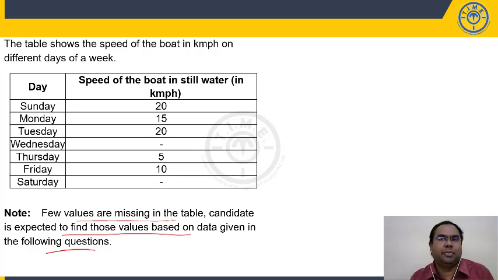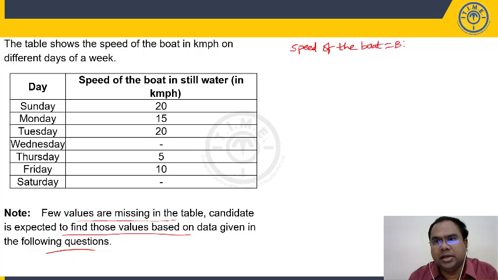Based on the data presented in the questions, you need to find out the missing values, if any. Now, before we proceed, let me refresh your memory. Speed of the boat is equal to B, and speed of the stream or water is equal to W. Right?